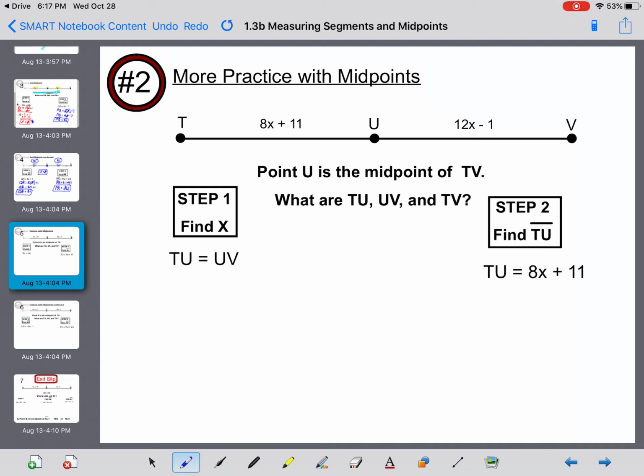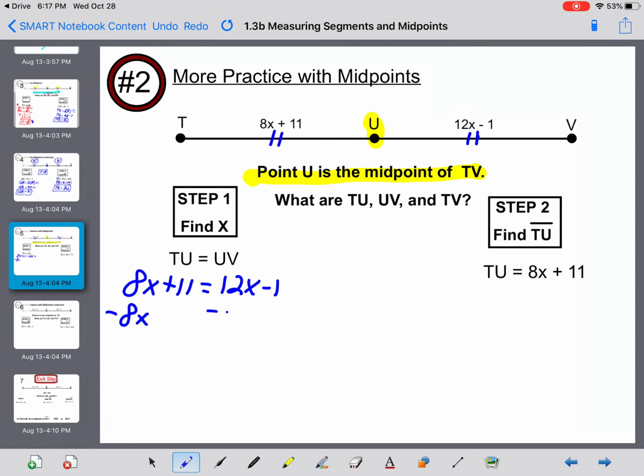Okay. More practice here. Point U is the midpoint of TV. Okay, so again, U is the midpoint, which means TU and UV are congruent. So to solve for x, we're going to set TU equal to UV. 8x plus 11 equals 12x minus 1.